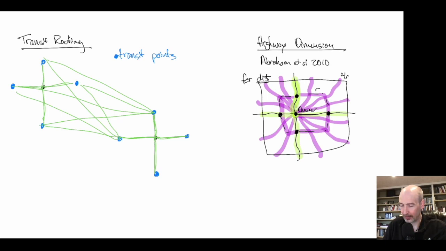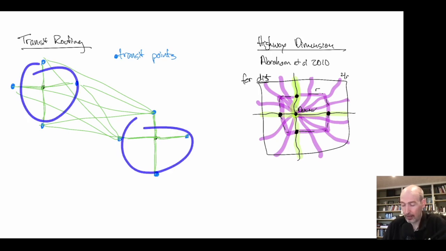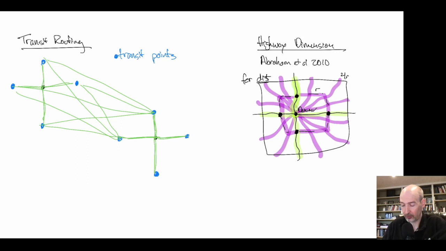And so if I want to answer the query, or I want to know basically how far is it from here to here, then all I have to do is for each of these transit points, I can query them relative to each of these other transit points. And I basically say, well, look, in this case, there's 4 here, and there's 4 here. And so if I just look at all pairs of those, there's 16 possibilities of ways that I can travel.